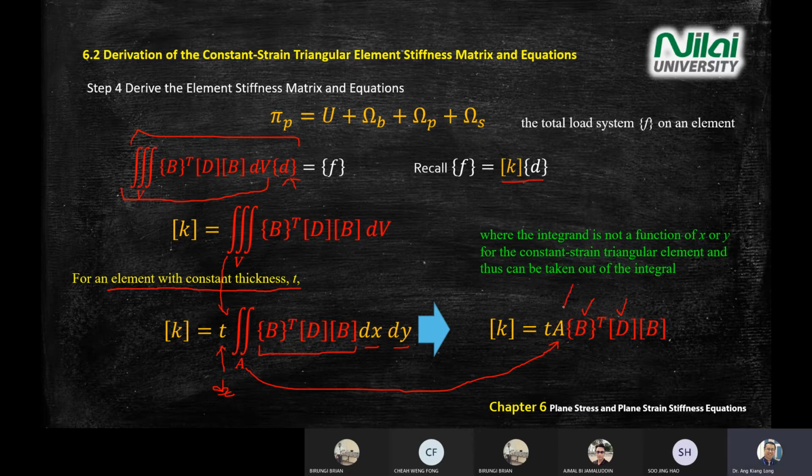I already show you how to get the A, the 2A equal to something, the equation. So from there you get your A. Thickness will be given. So basically you can solve what is your K.